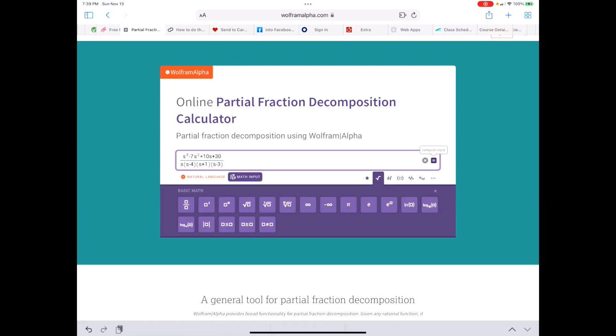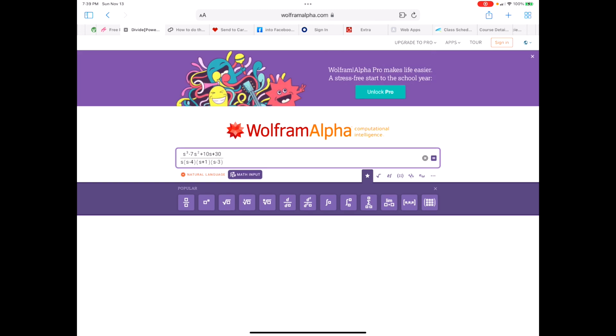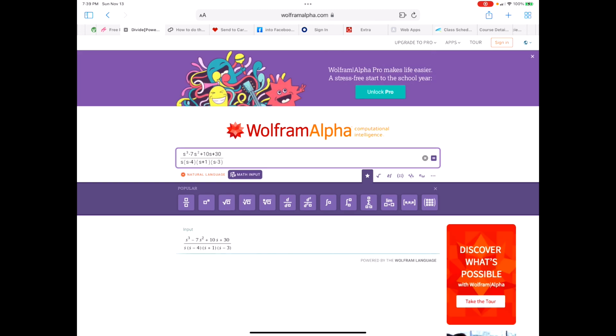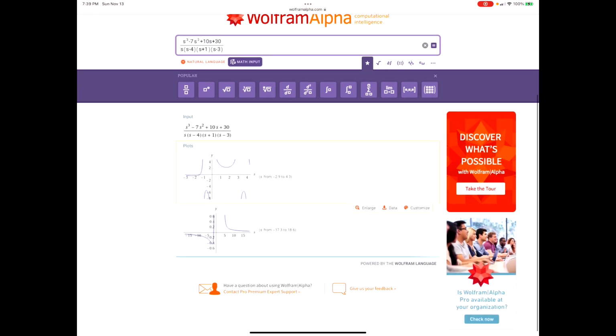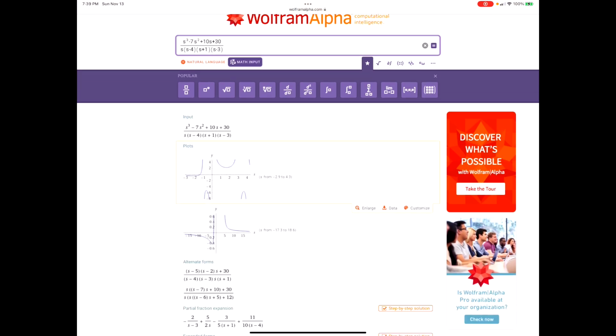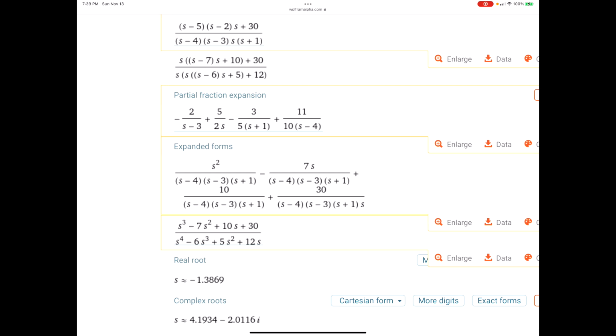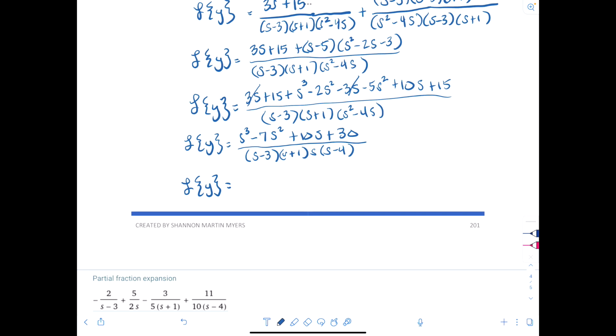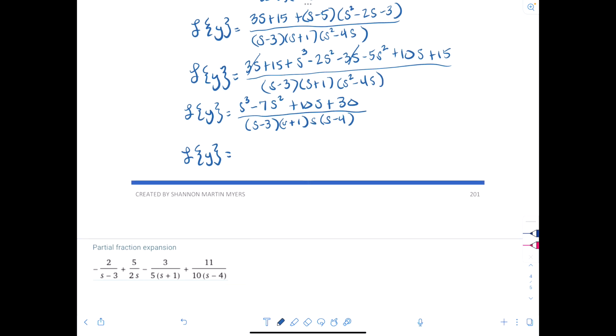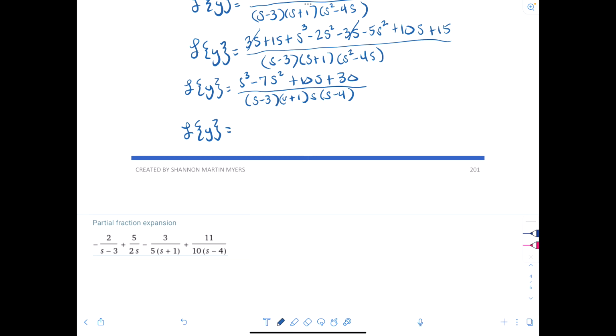And then I'm going to say equals. Perfect. It did it in terms of s. And look at this. Here's our partial fraction decomposition right over here. Groovy? And then we've got our partial fraction expansion.